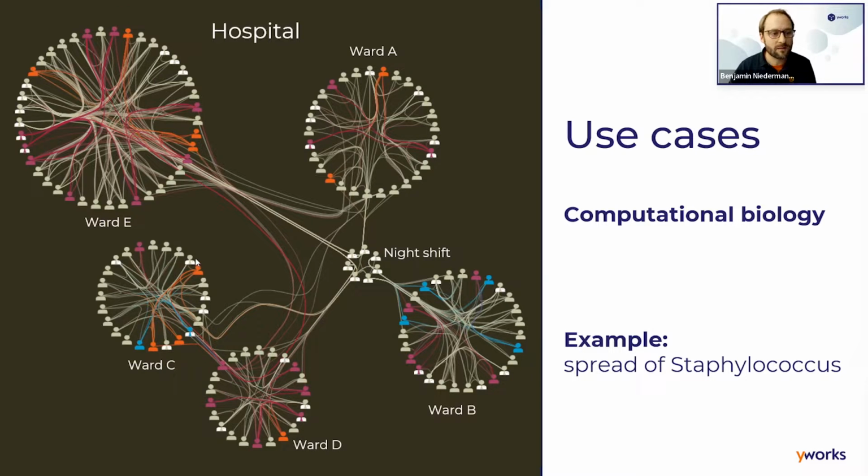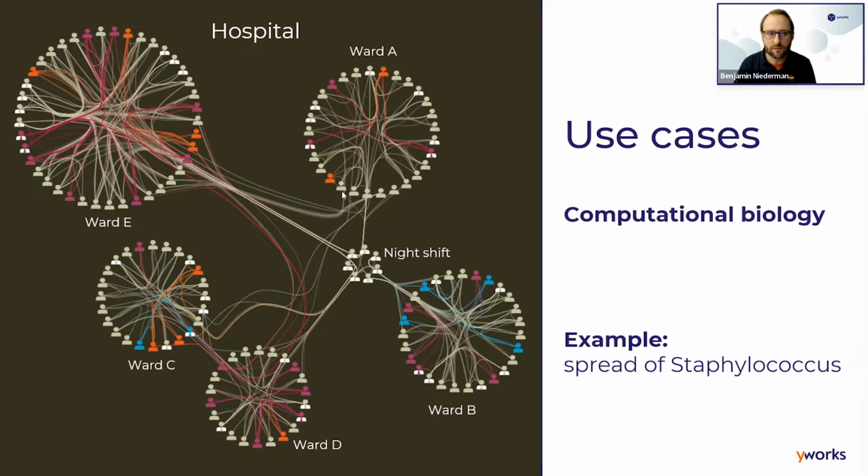So here the persons, for example patients, but also the medical staff, get the color of the subtype of the bacterium with which they are infected. Then what we also did is that we partitioned these people into clusters representing the wards of the hospital.